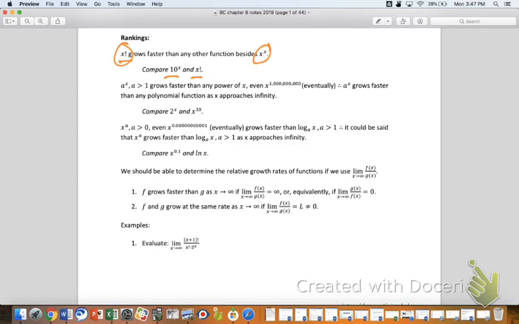Depending on what the base is, like in this case I put 10 to the x, if it was maybe 100 to the x, it would certainly appear for a while that the 100 to the x is going to grow faster, but eventually x factorial will grow not just faster, but infinitely faster than 10 to the x. So the number one ranking, the fastest growing function, is x factorial. That's the top dog as far as rate of growth.